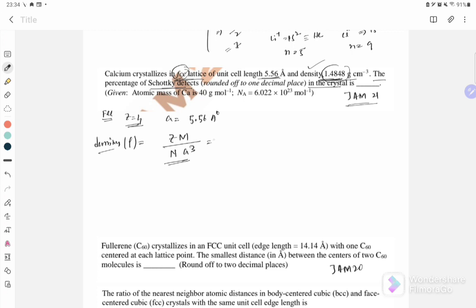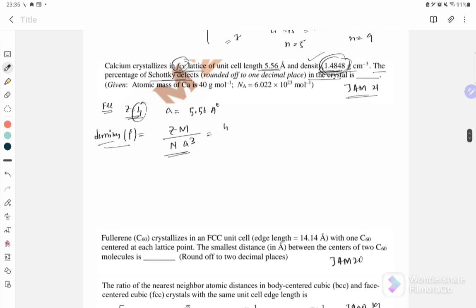We take Z equal to 4 as the base, calculate the density, and then subtract it from the given one to get the density decrease.